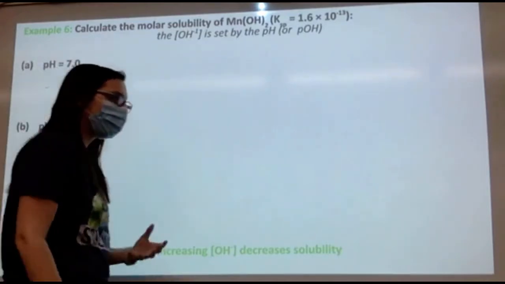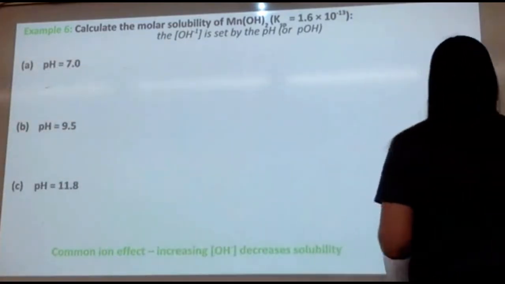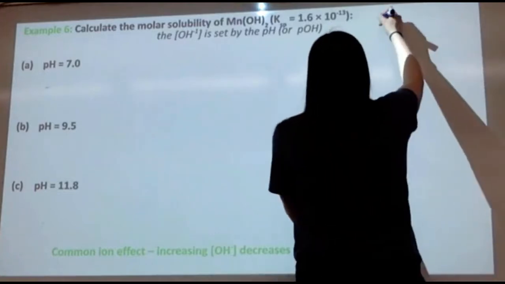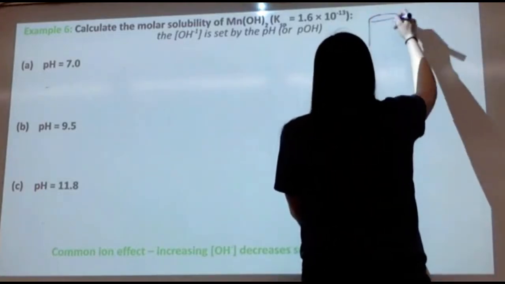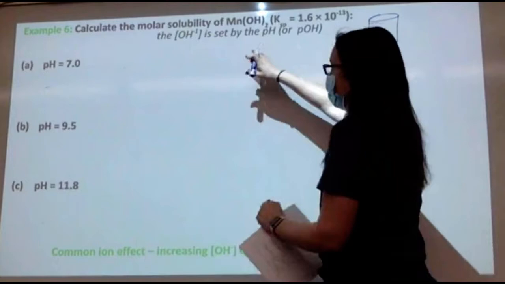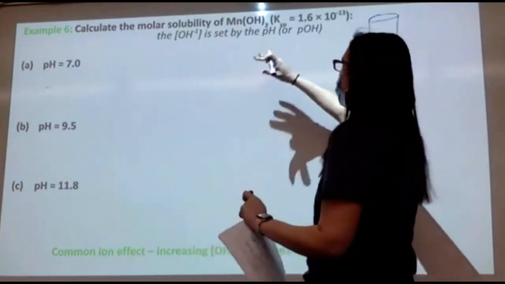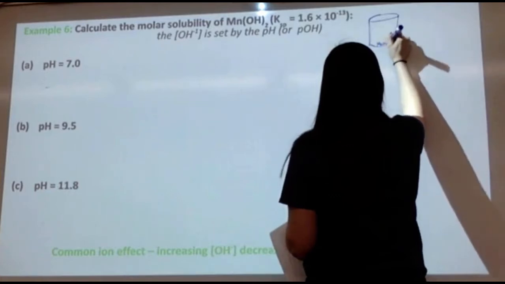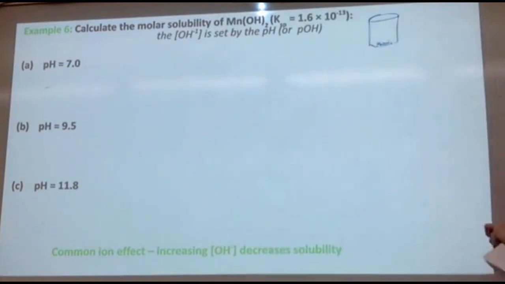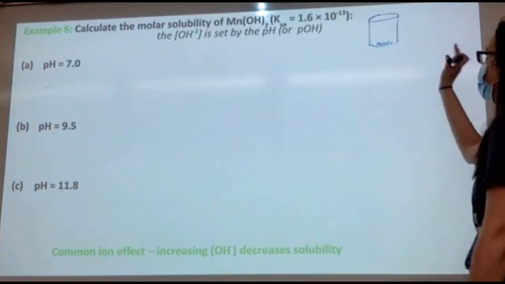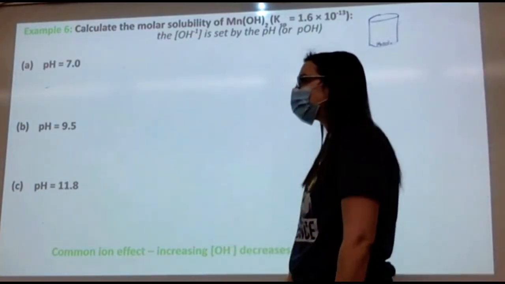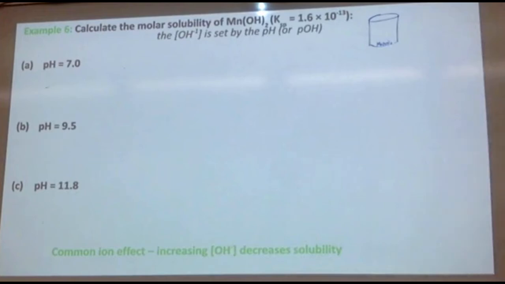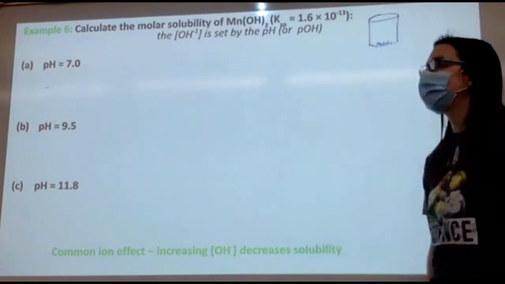Now, if we think about what is in the beaker, for each one of these it's going to be different amounts, but for each one of these, we have manganese hydroxide as a solid down here in the bottom. This is before any equilibrium is established. We have manganese hydroxide down in the bottom.